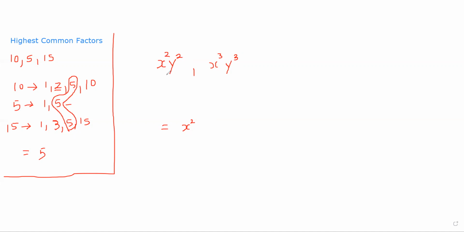And the lowest for the y is squared also, because we have a cube and a square here. So we use y squared. So this is the highest common factor. It's kind of tricky, but you just have to focus.